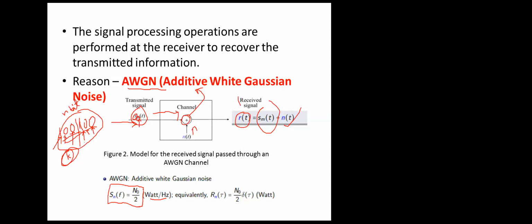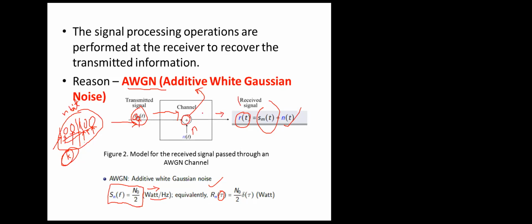This additive white Gaussian noise power spectral density is carried out at the receiver end at a given time interval, this is tau actually, the time delay you can say. So it is the same as what is coming at the receiver end.